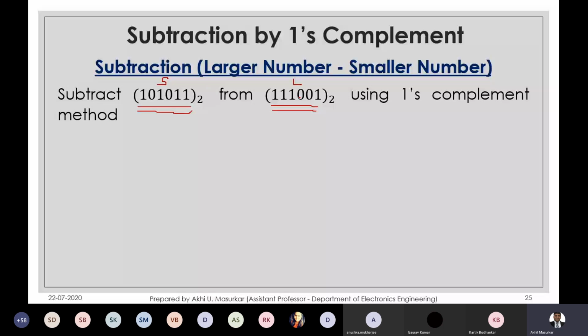By looking at this also, you can identify that 111001 is a larger number than 101011, simply because it has got a 1 here, which itself makes it large. So please copy this question first, and in your own words you can just write how I have identified which is bigger and which is smaller.